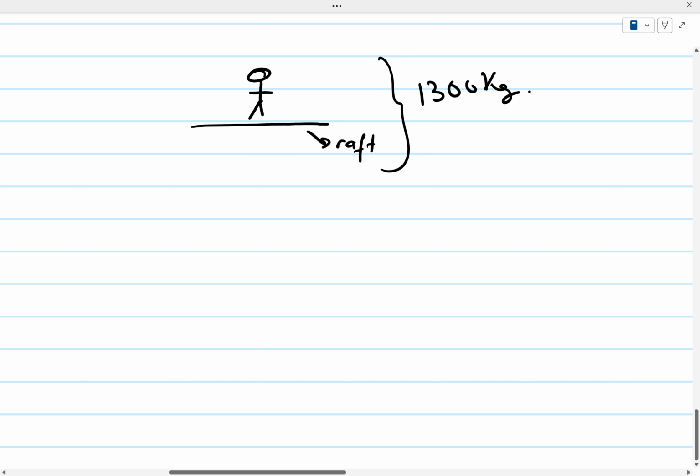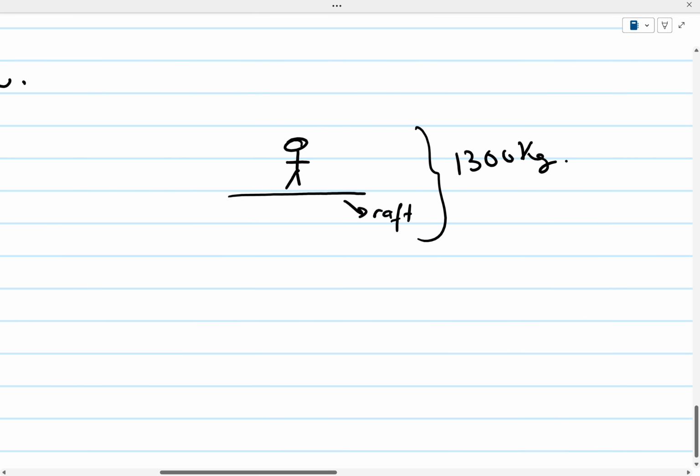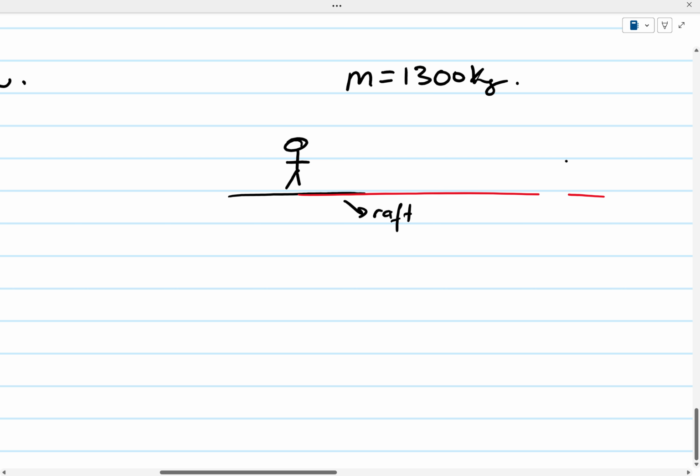So the mass of the entire system is 1,300 kilograms, and you have a vector moving in this direction, 17 newtons, due east. The wind exerts a force A on the raft with a magnitude of 15 newtons that points 67 degrees north of east.